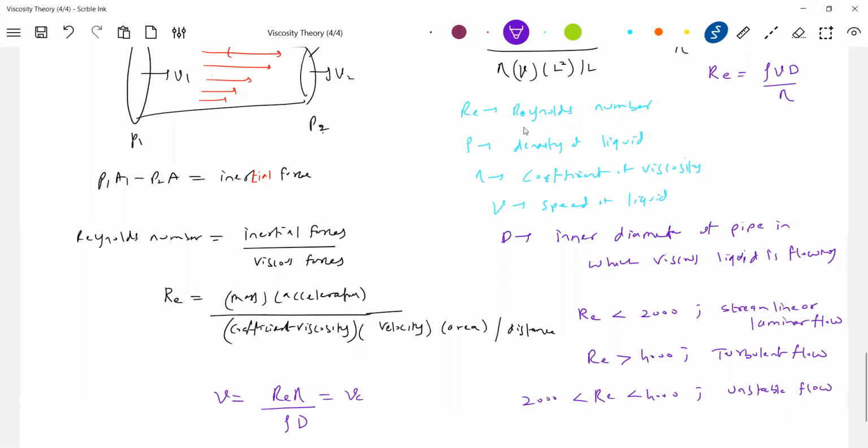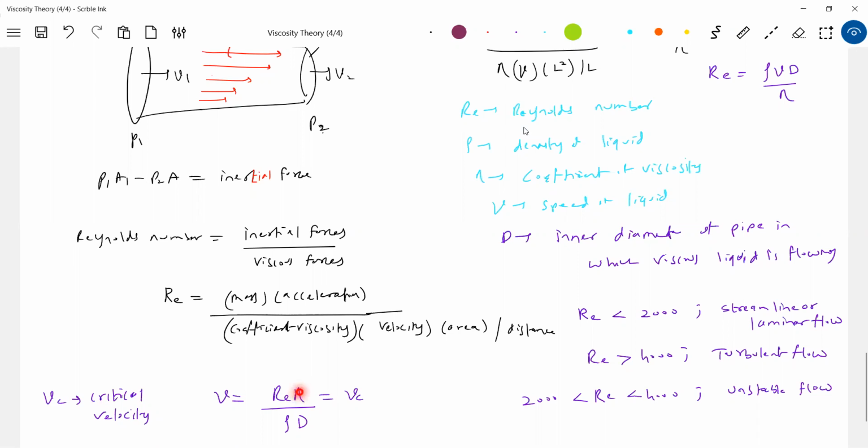So what is VC? I will calculate it like this. Usually the Reynolds number, let me pick 1500. I know what type of liquid I'm using, either honey, ghee, coconut oil, some denser liquid, or water.